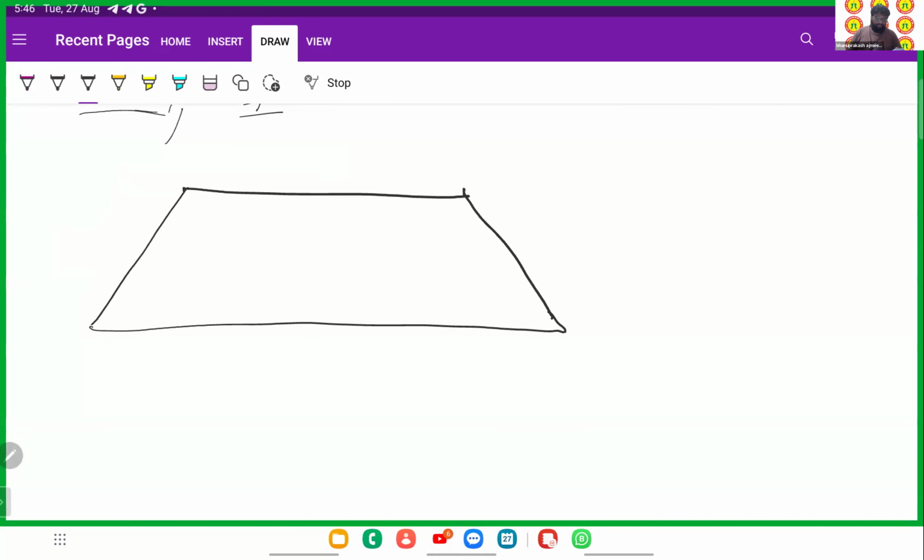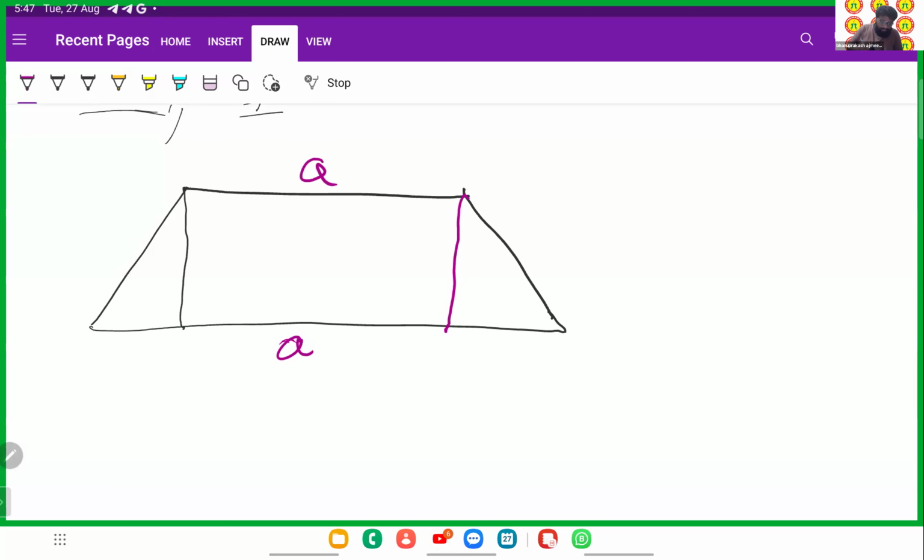Usually, how many parallel sides does a trapezium have? This and this are parallel sides. Sir, one pair of opposite sides are parallel.